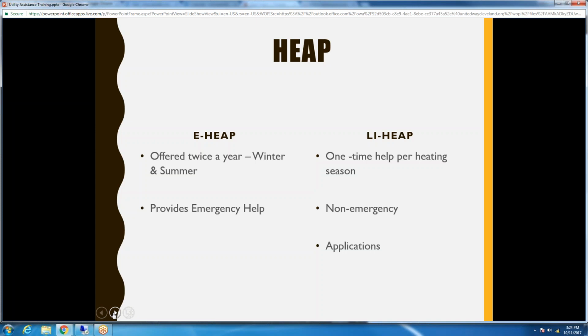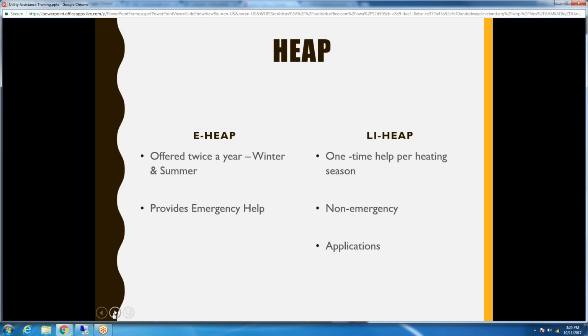Now, it's important to remember you're going to get a lot of callers who confuse HEAP and PIP and Winter Crisis. Remember, they're all separate programs. HEAP is totally separate from PIP Plus and Winter Reconnection Order, and they will call and often confuse these. So you have to listen to the caller and read between the lines to see what program they're really looking for or what may fit their needs the best.